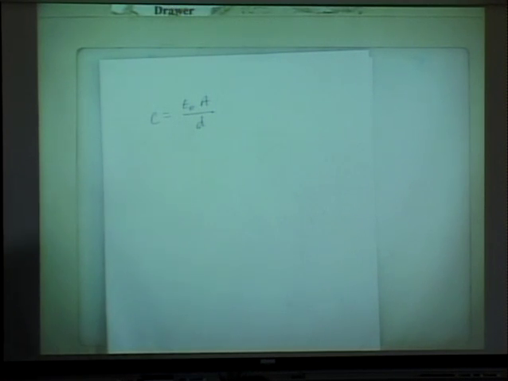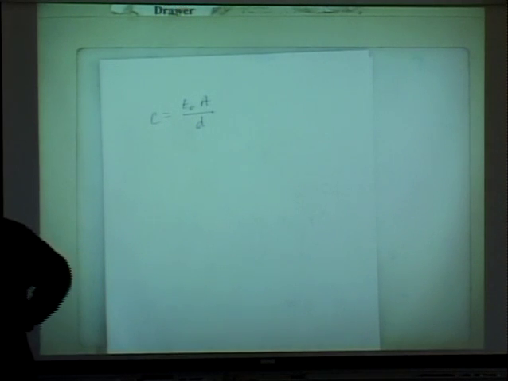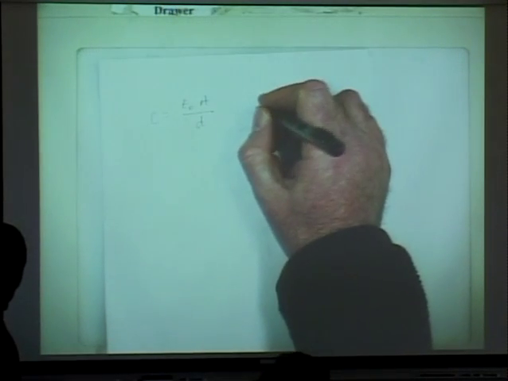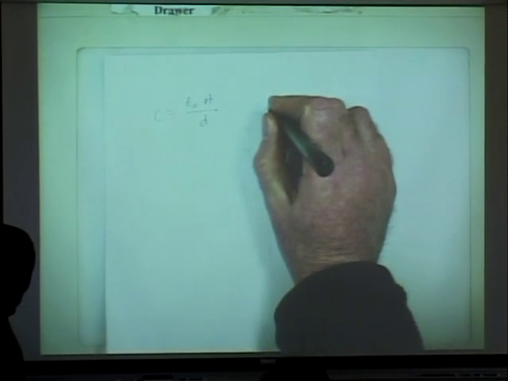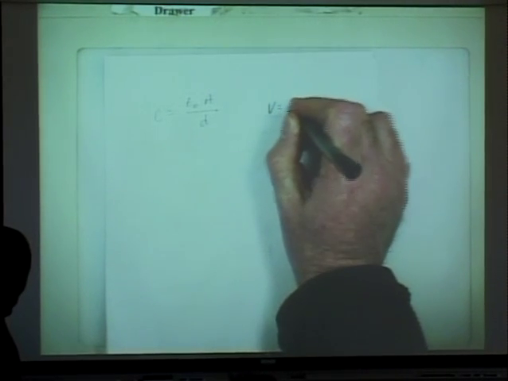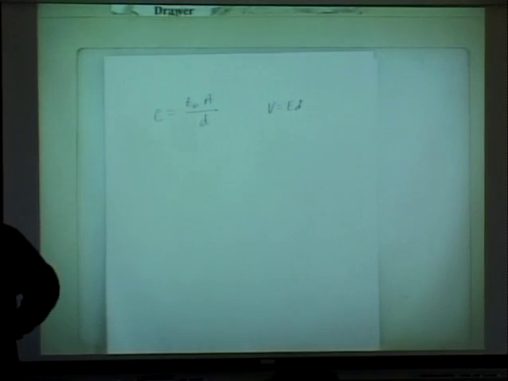We're always going to keep this in mind. The other thing that we have to keep in mind is that voltage equals E D. Is that correct? Yeah.